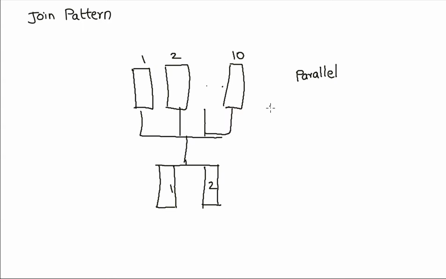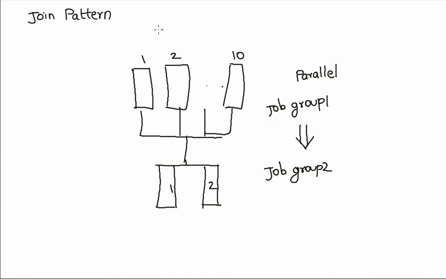So these are two job groups: job group 1 and job group 2. And there is a dependency that only after job group 1 has completed successfully can job group 2 be spawned. So in such scenarios the join pattern comes into picture.